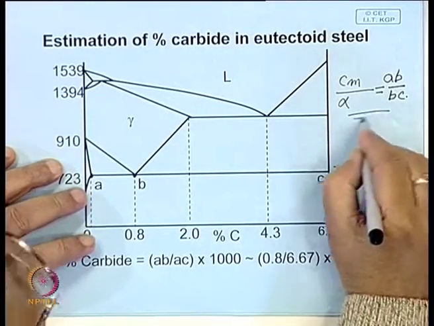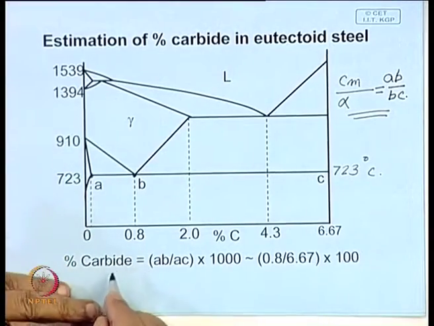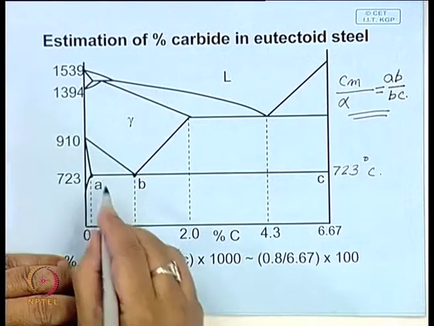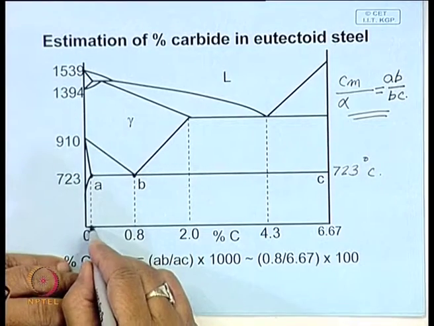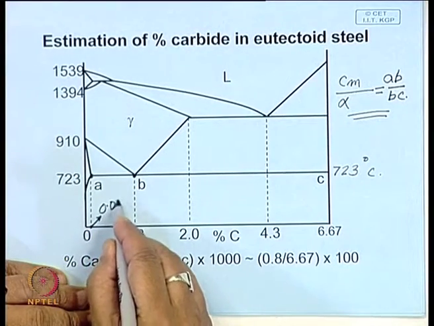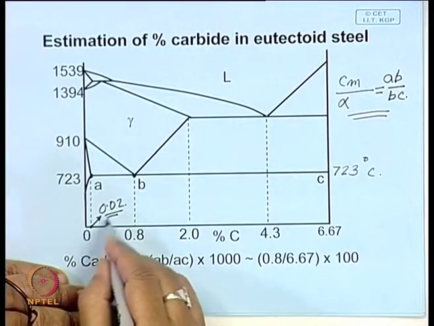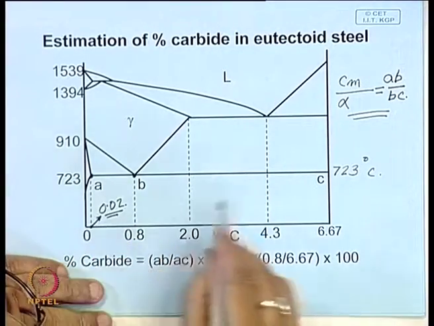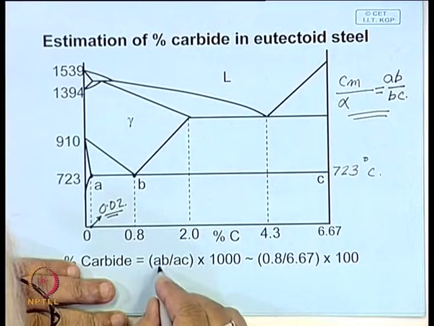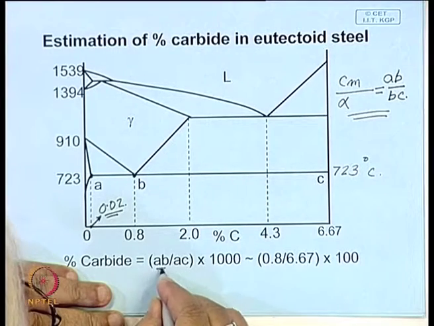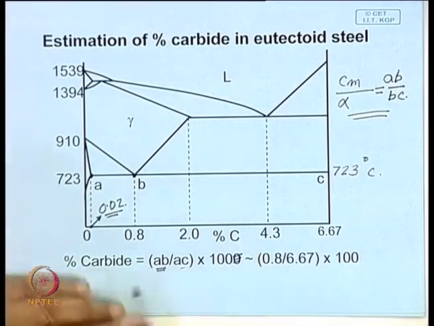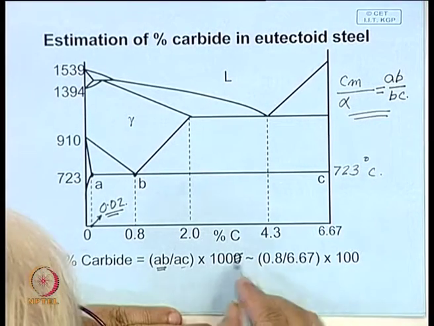This is the lever rule, and if you recollect it, you can apply it and find out the percentage of carbide here. So, this will be AB, and if we say this point is 0.02, then for practical purposes, if you neglect this, the amount of carbide will be AB by AC times 100 percent.